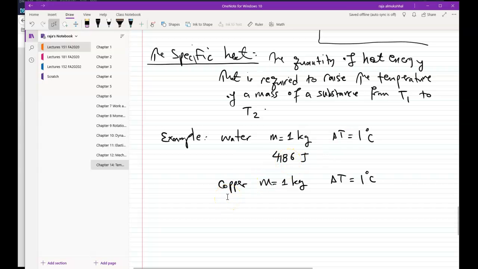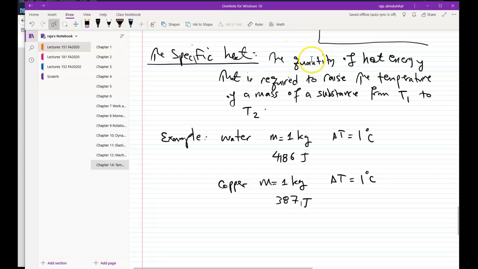Now, if I have say a block of copper of mass 1 kilogram, and I want to raise the temperature by 1 degree, do I need the same amount? No. All I need is 387 joule. See that? So I don't need a lot of energy to raise the temperature of copper, but I need much more energy to raise the same amount of temperature for, say, water. Why is that? Because each substance, each material, has its own specific heat. You get that?